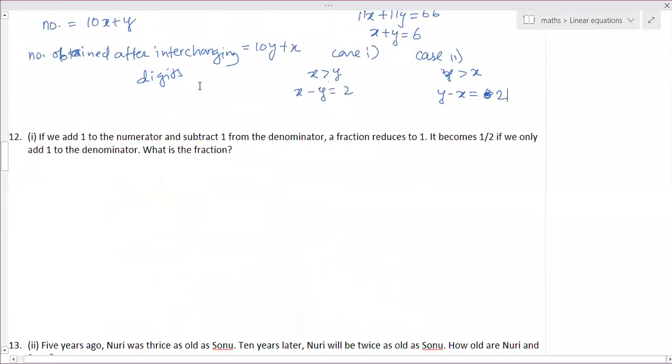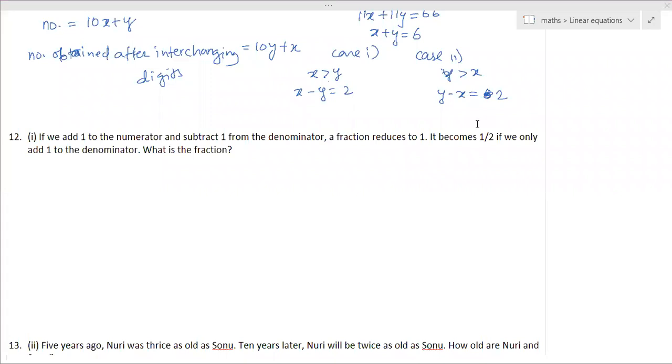Till 11, yesterday we have finished. The next question. Ankur, equation. Yes, ma'am. So let x be the numerator and y be the denominator.